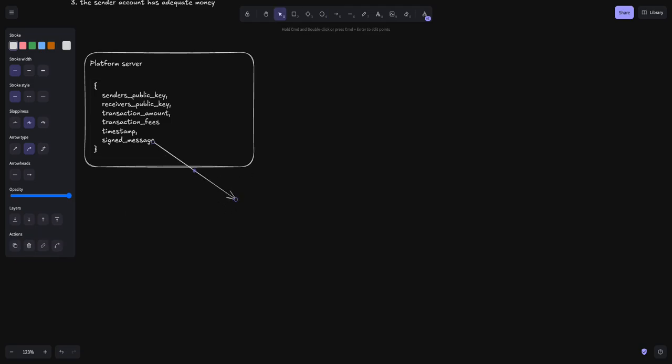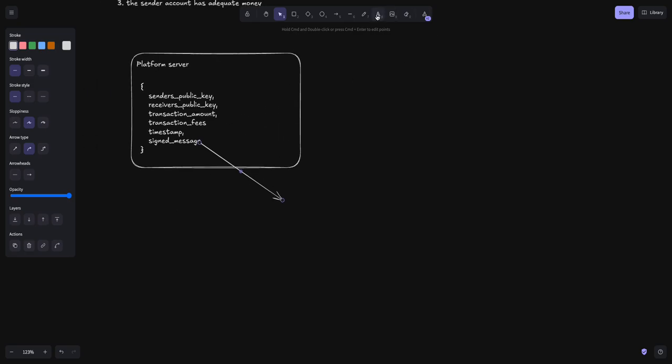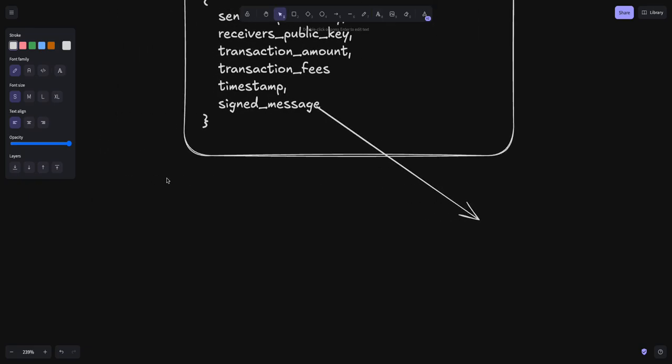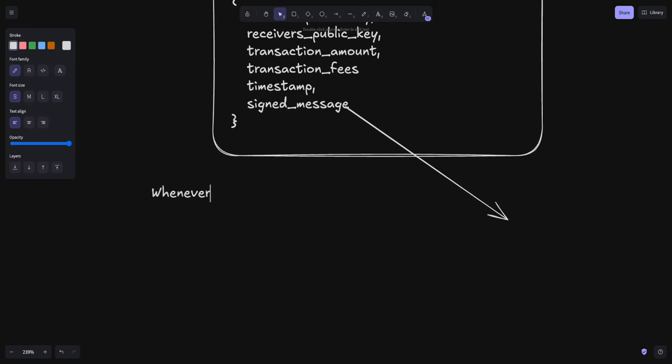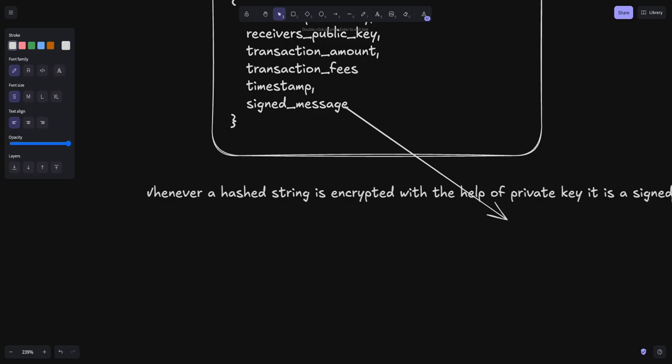What happens here is, first of all, I will give you a text explanation. I hope you understand. Whenever a hash string is encrypted with the help of a private key, it is a signed message.